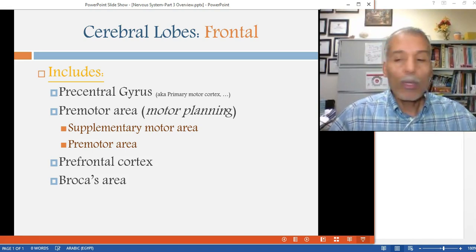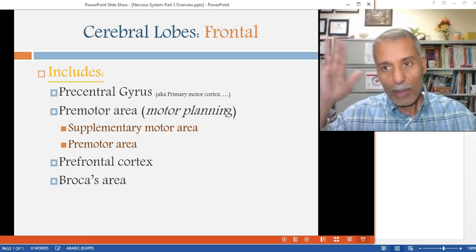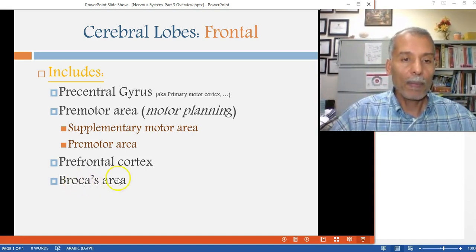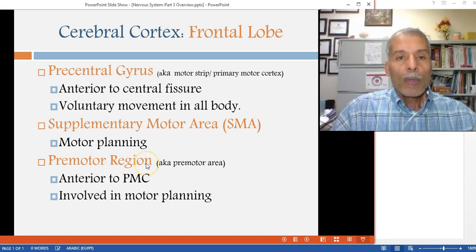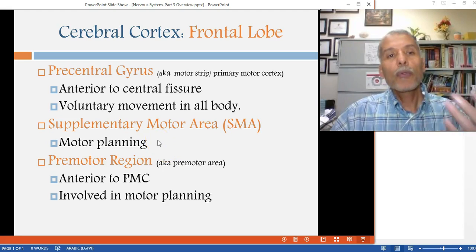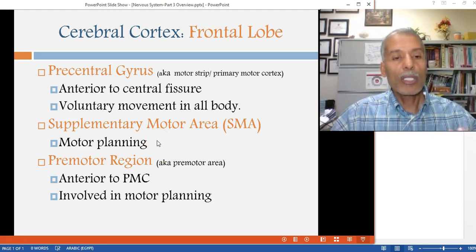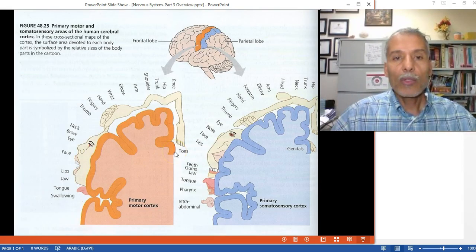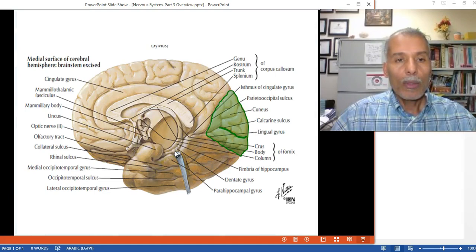You only call this area in the left hemisphere Broca's area. So these are a few functions of every area here. Let me point these out first on the map.